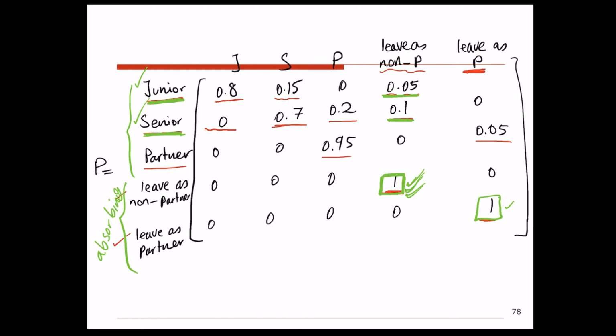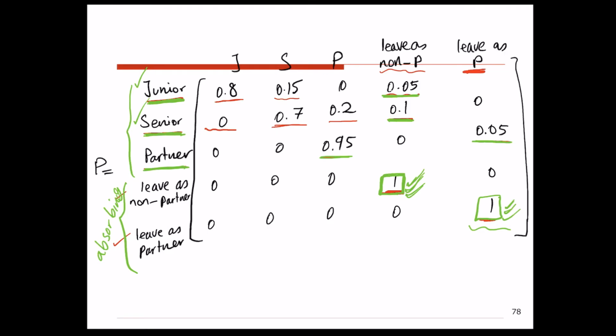And how about for the partner? If I'm right now at the partner, there's 90% chance that in the coming years I'm going to be a partner as well, which is great. But at some point there is 5% chance that I leave the company as partner, and if that happens, then I'm going to stay in that state forever. So this path takes me out of the partner state and takes me to this absorbing state, leave as partner, and I'm going to stay there forever with probability of 1.